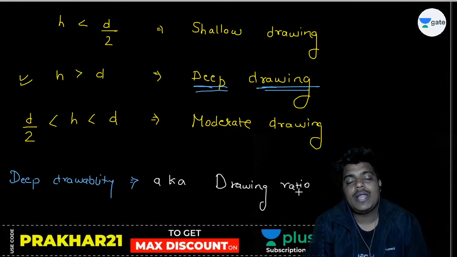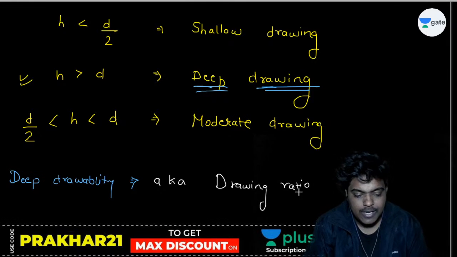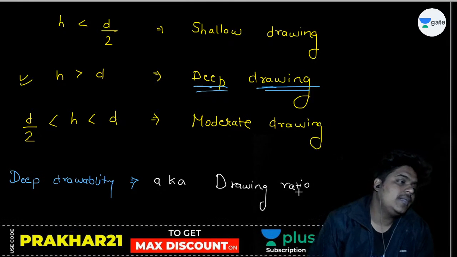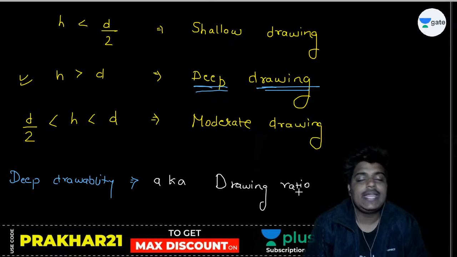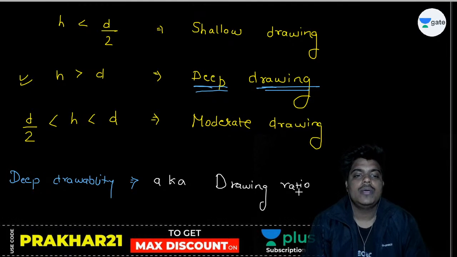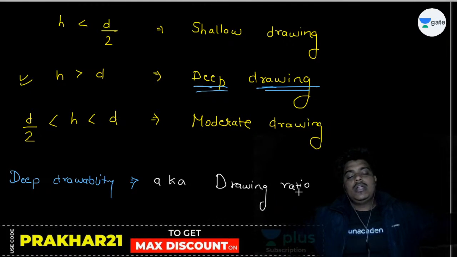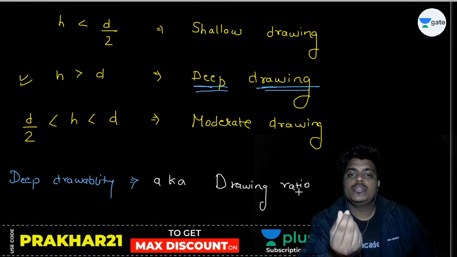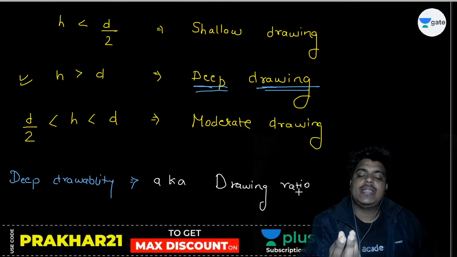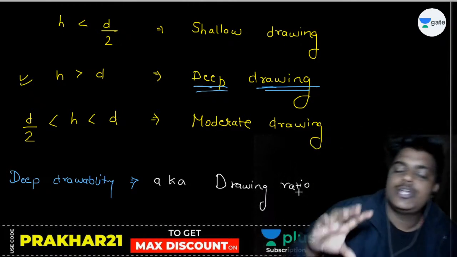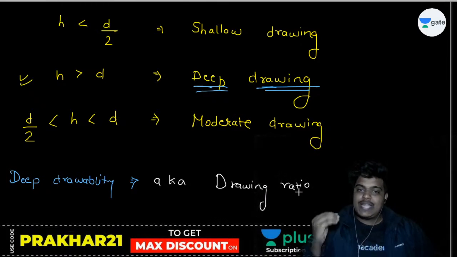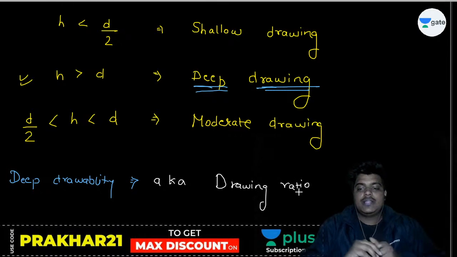Write: for a given material, there is a limiting draw ratio. See, it is not the case that you can take, say, a 1000 mm sheet blank and reduce it to a cup of 10 mm diameter with a very long height. No, you cannot do that in one go. There is a limitation on how much you can decrease.